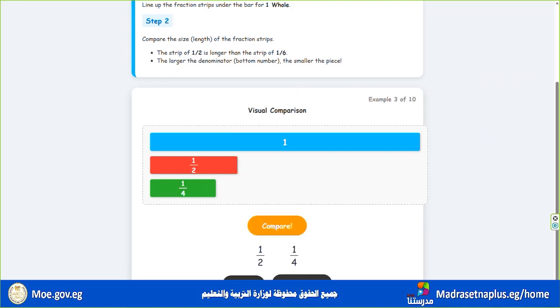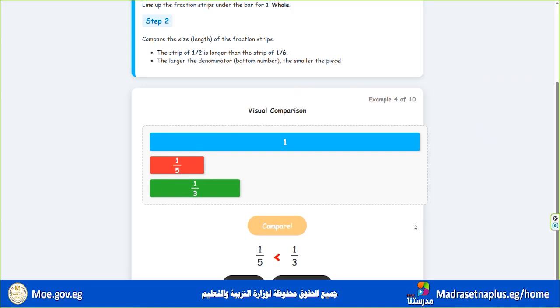Next example, 1/2 and 1/4. Yes, 1/2 is greater than 1/4. Now 1/5 and 1/3. Let's draw them on the number line by using models.